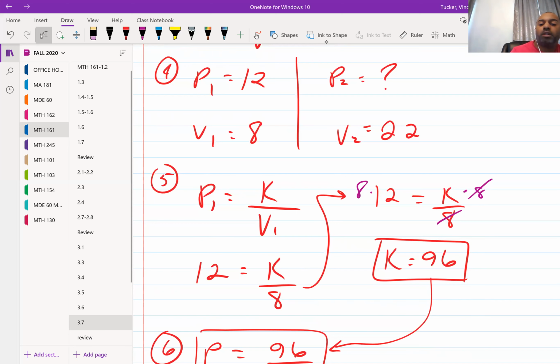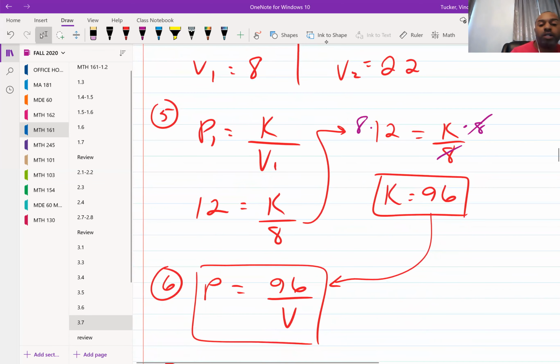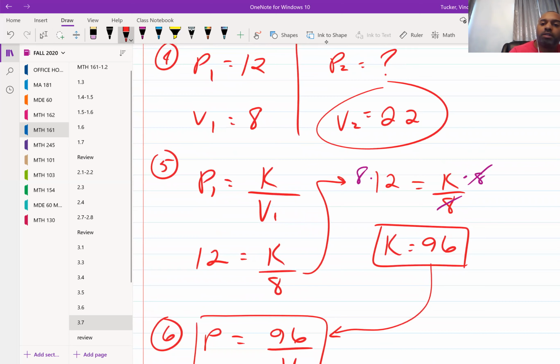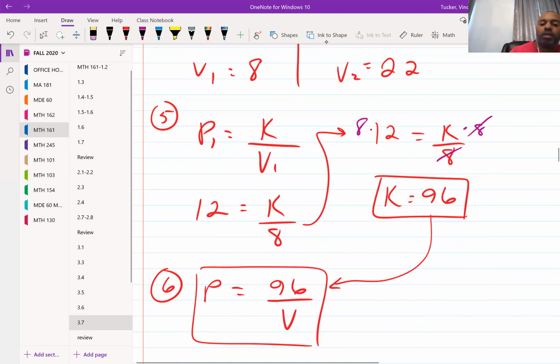All right. Plug K back into the equation. P is equal to 96 over V. And then plug in that second V, so we can find the second P that corresponds to it.